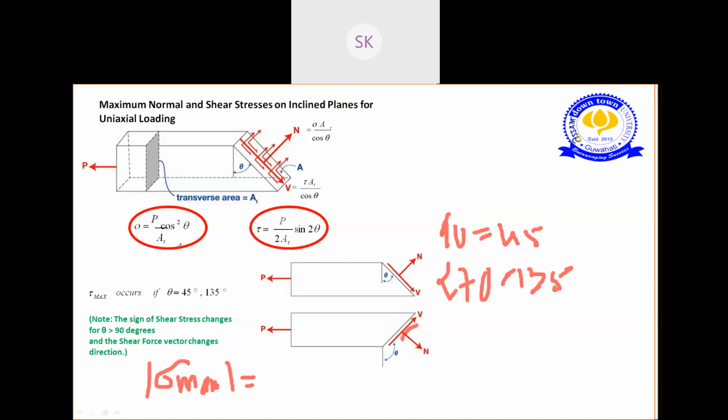P by A, yes. And what will be the value of tau? P by 2A, P by twice of A.